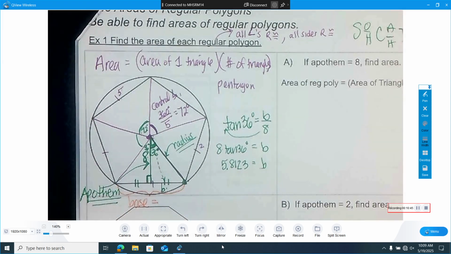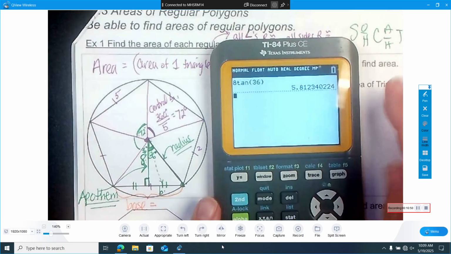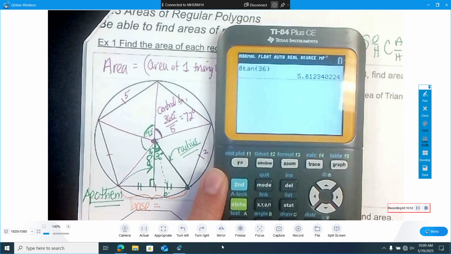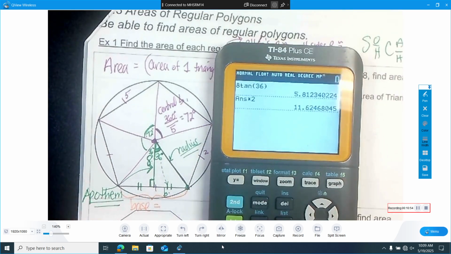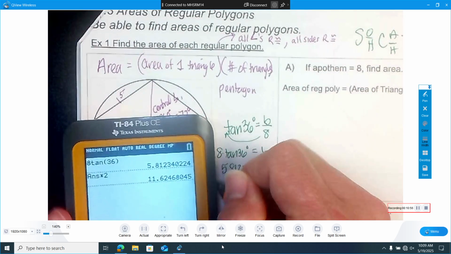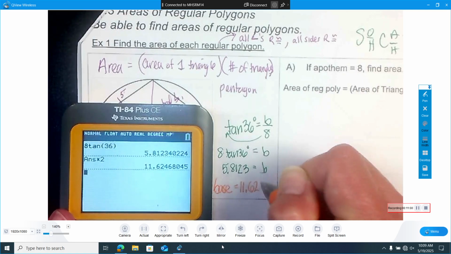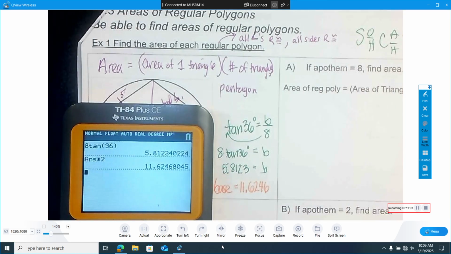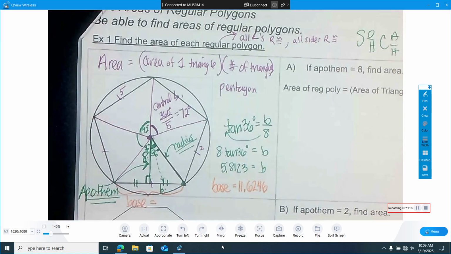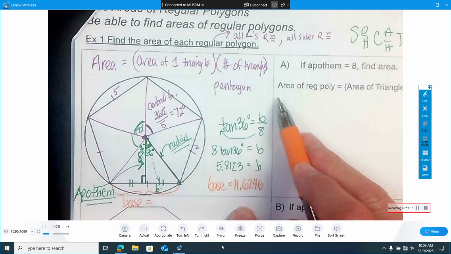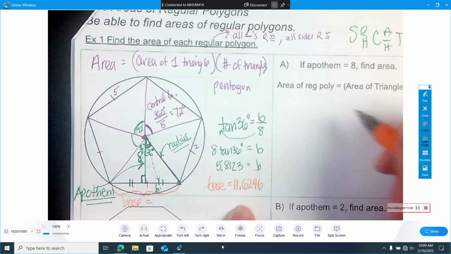What does the whole base equal? Yep, you times it by 2. So I'm just going to take this answer that I have in my calculator and just write times by 2. That way it doesn't round anything off. So my whole base is 11.6246. Okay?